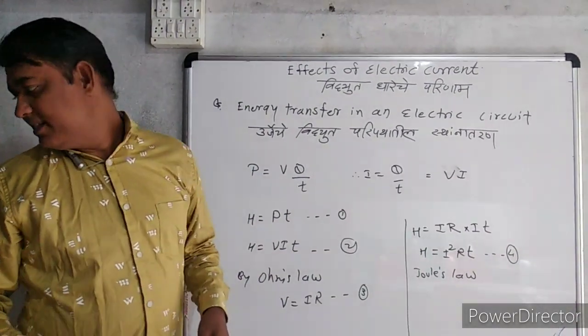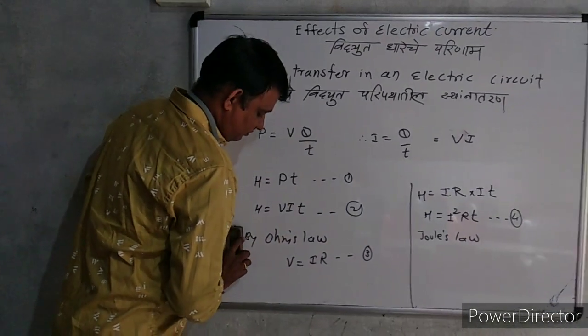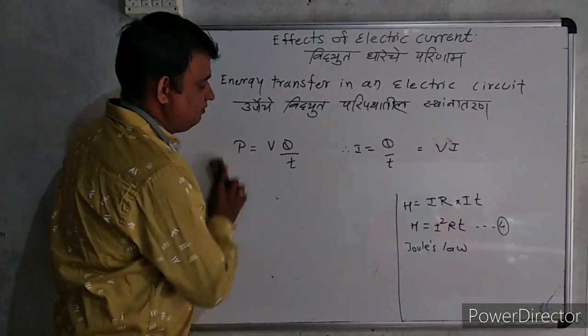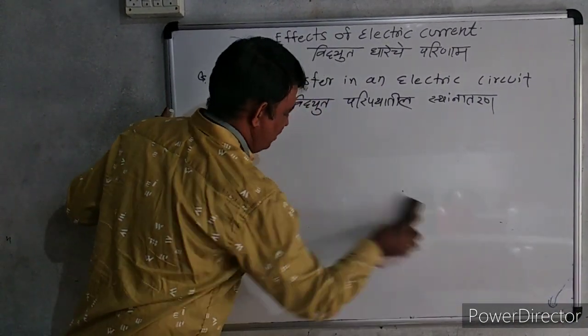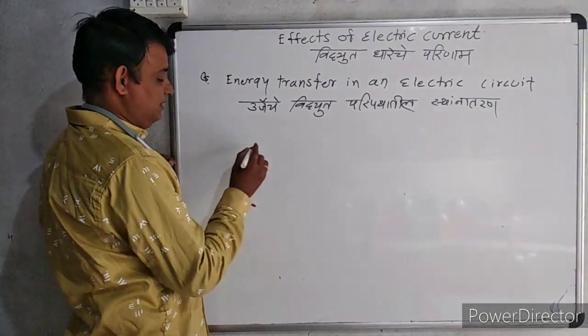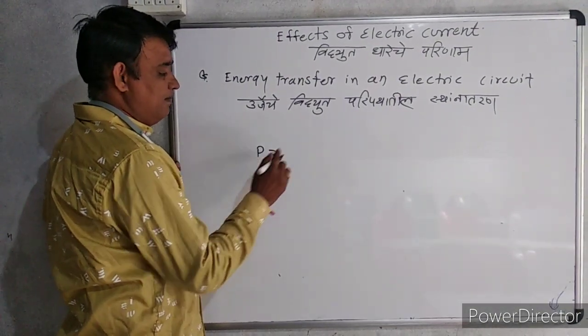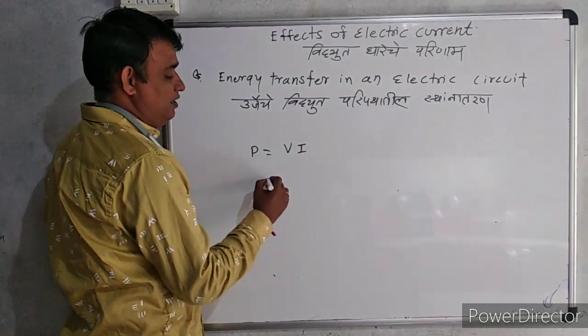Now, what is the unit of this power? Suppose P is there and we write VI.